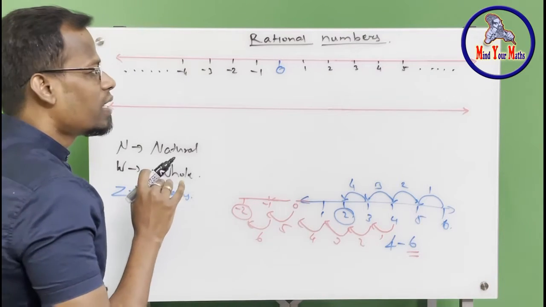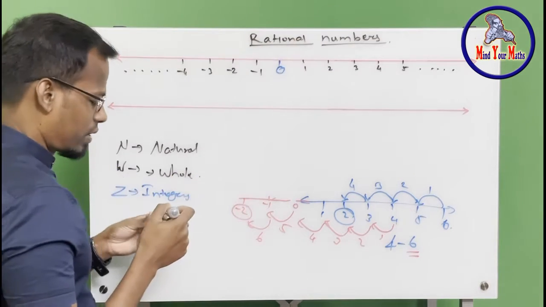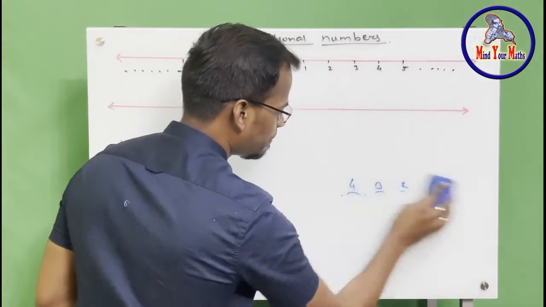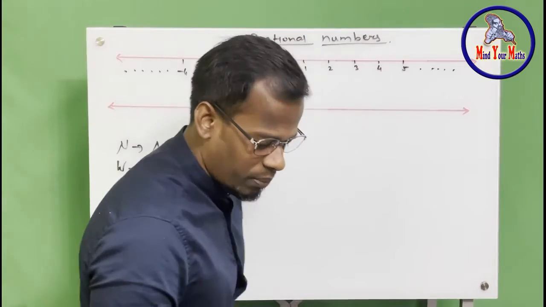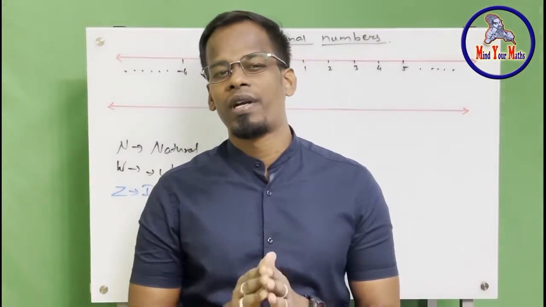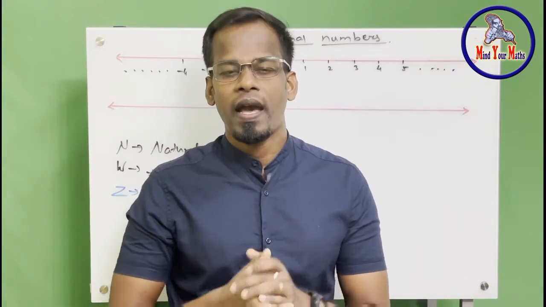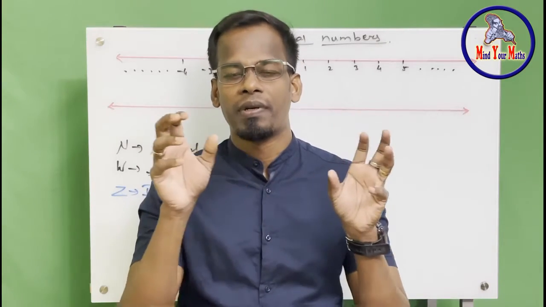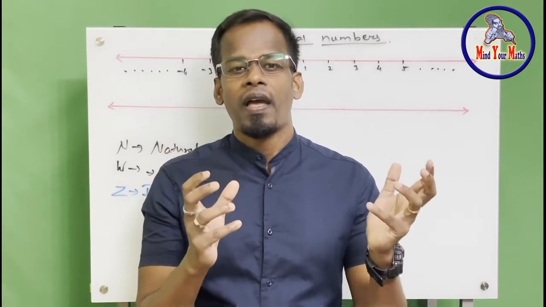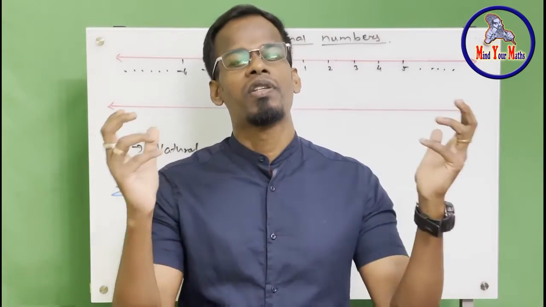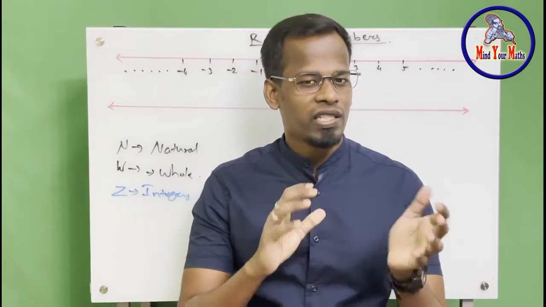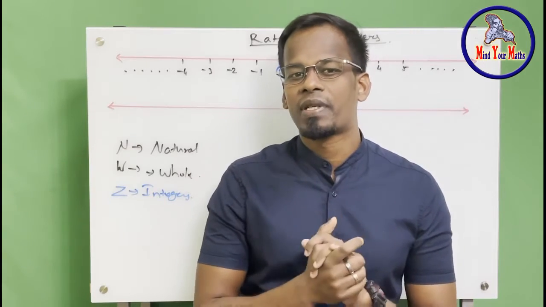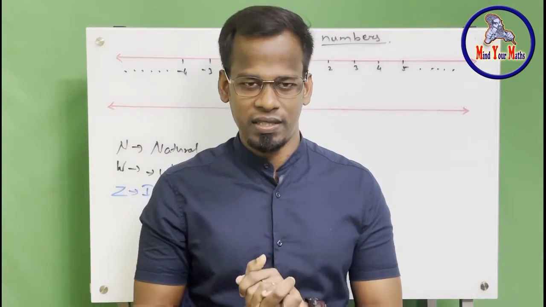Okay. Now we come to the rational numbers. So what is a rational number? Rational comes from the word ratio. Ratios are usually used to compare two numbers or the quantity of things between two people, and a ratio is usually represented using fractions.